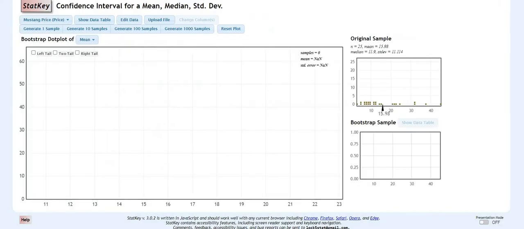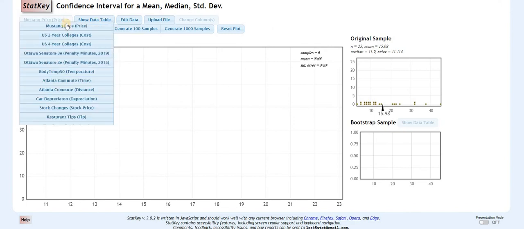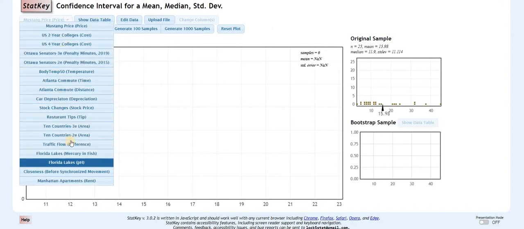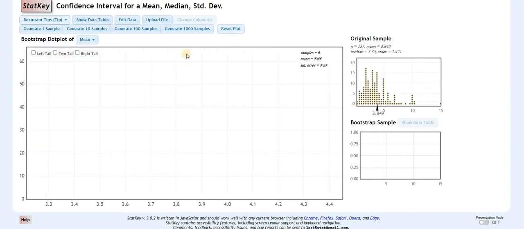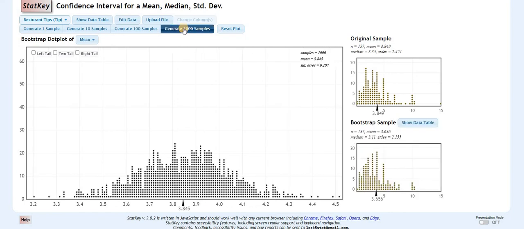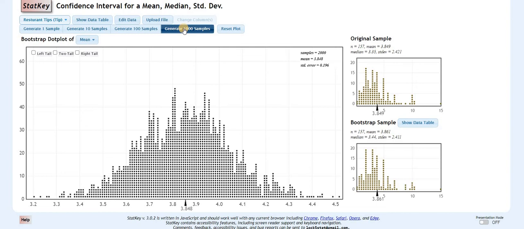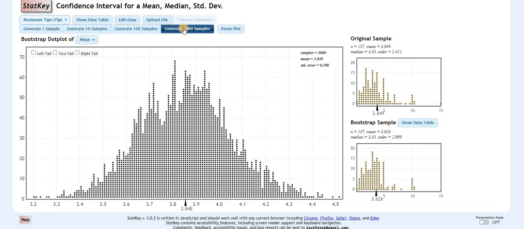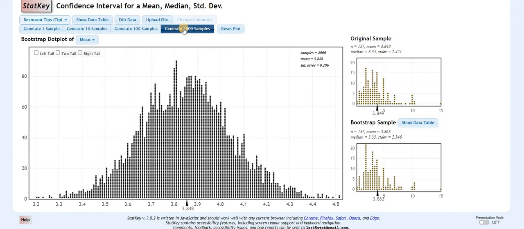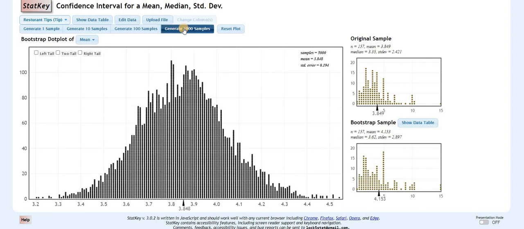So I clicked on the link and I went here. You need to change this to restaurant tips. Restaurant tips is right here. And then you need to generate 6,000 samples: 1,000, 2,000, 3, 4, 5, and 6.